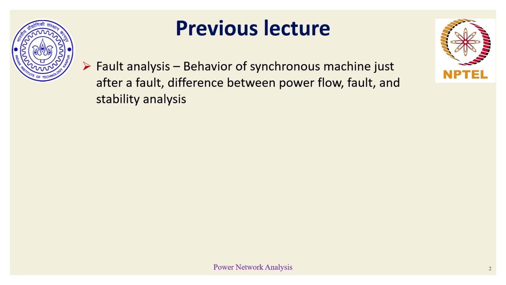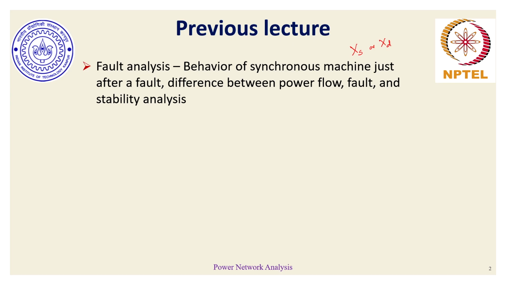Till the previous lecture, we were continuing our discussion on fault analysis, and we had very extensively talked about why a synchronous machine, conventional synchronous machine, could be a salient pole machine or non-salient pole machine, why it has a variation in its value of synchronous reactance XS for a cylindrical pole machine or XD for a salient pole machine.